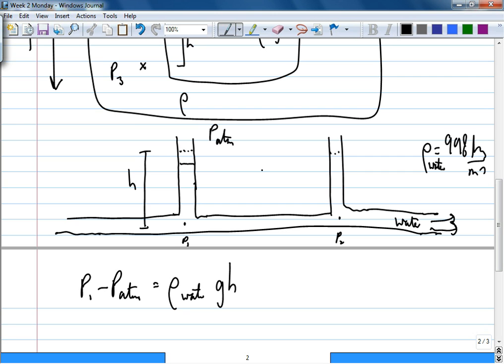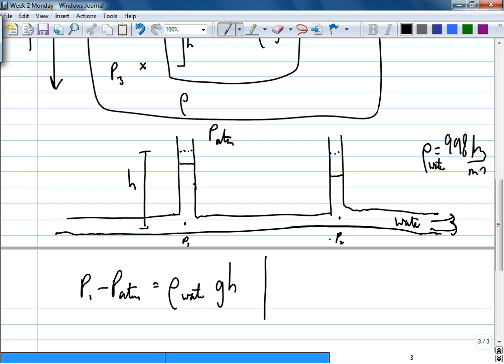Will this one be the same as this one or not? This one will drop even more, isn't it? That's what you did in your flow measurement pipe flow experiment, for those who did it in week 1. You had water flowing in your pipe, you measured the two heights. But why are they not the same now? Why is P1 not the same as P2?